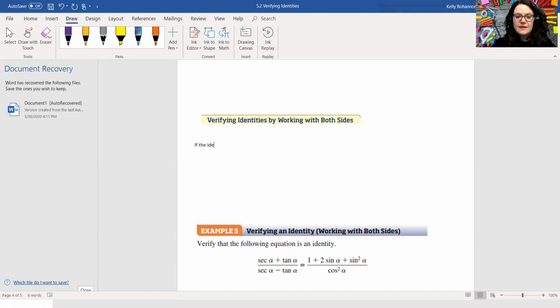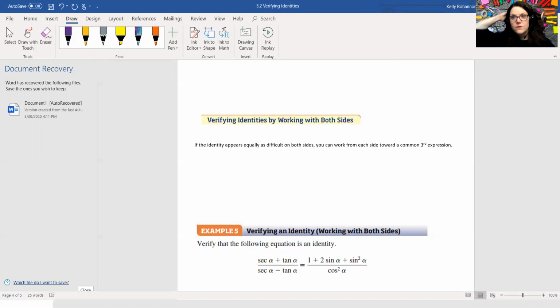If the identity appears equally as difficult on both sides, you can work from each side toward a common third expression.